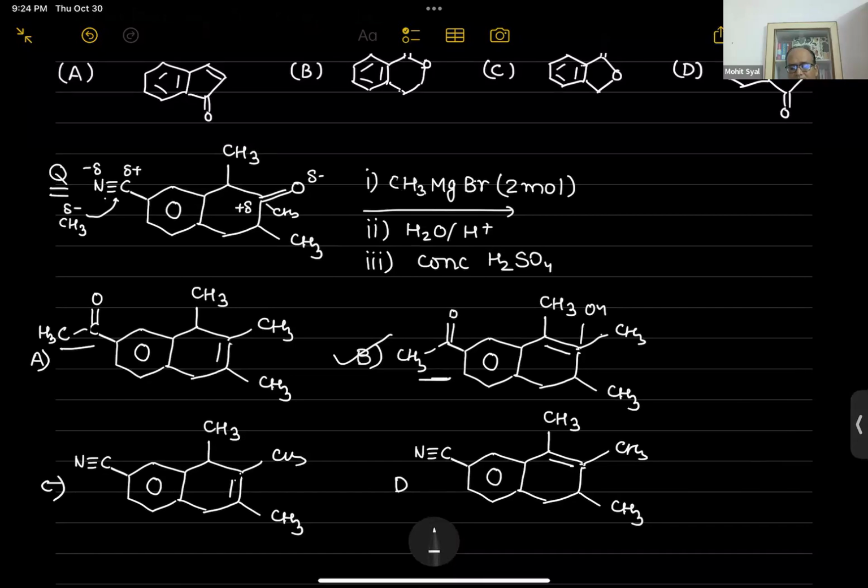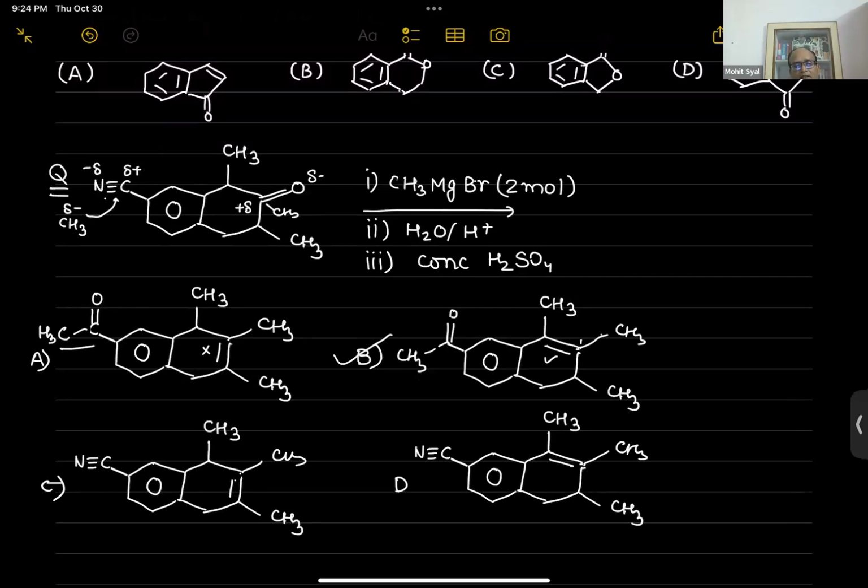it is heating with concentrated H2SO4. Concentrated H2SO4 dehydrates, eliminating water from the alcohol, OH and H, to form the double bond, but the double bond is going to form towards the side of the benzene. Okay, this double bond is correct. This one is away from the benzene, so this is not correct.